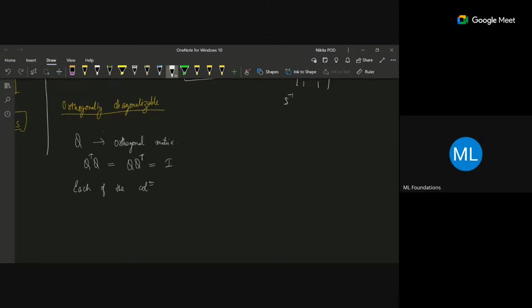When each of the columns are unit vectors, then it is called orthonormal. So write it here.